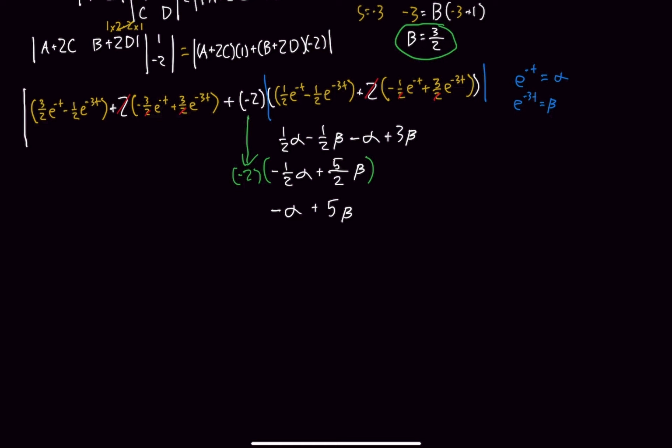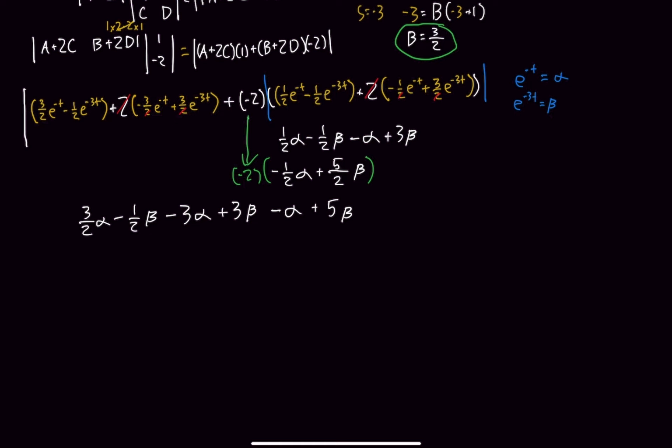So I'll have 3 over 2 alpha minus 1/2 beta minus 3 alpha plus 3 beta. Now we're going to combine our like terms.